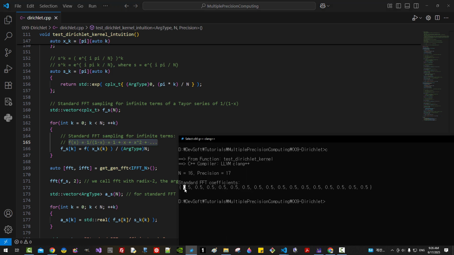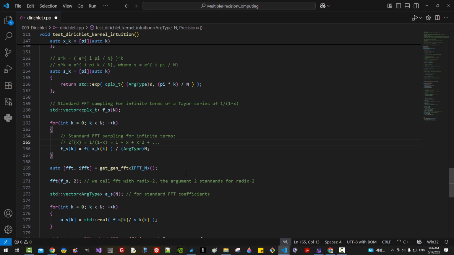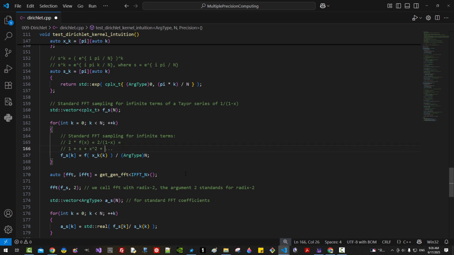See, the result is all 0.5. Okay, all 0.5. So I multiply 2, then it suddenly changes to x^n minus 1. No longer approximation.